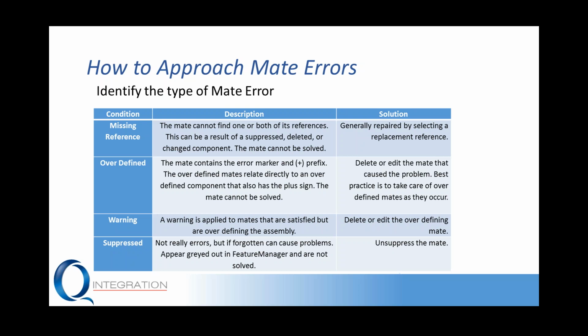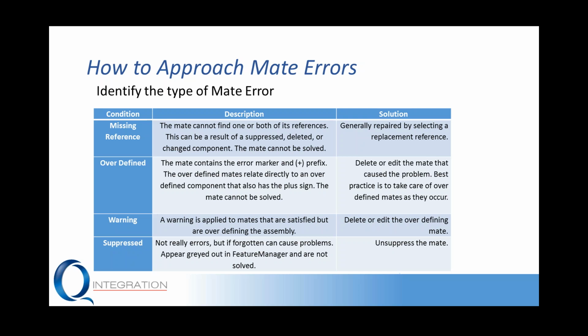It's not being solved. And the opposite of that, I guess you could say, is the warning mate error. So this tells us that it is over-defining the assembly, but that mate is in fact being satisfied, or it is being solved. So there's a big difference between the two of those. And we'll take a look at an example going back to that gearbox in SolidWorks so I can show you a couple of these items.